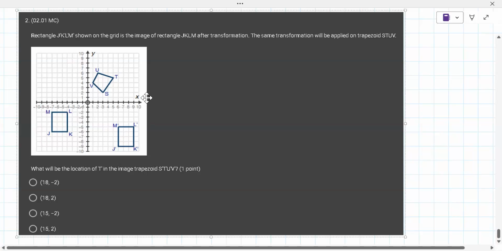And then it says the same transformation we applied to trapezoid STV. So you have to figure out what happened. How did you go from the one on the left to the one on the right? It moved over 18, or did it? It could be different. So -7 to 6. It's like 13 to the right.